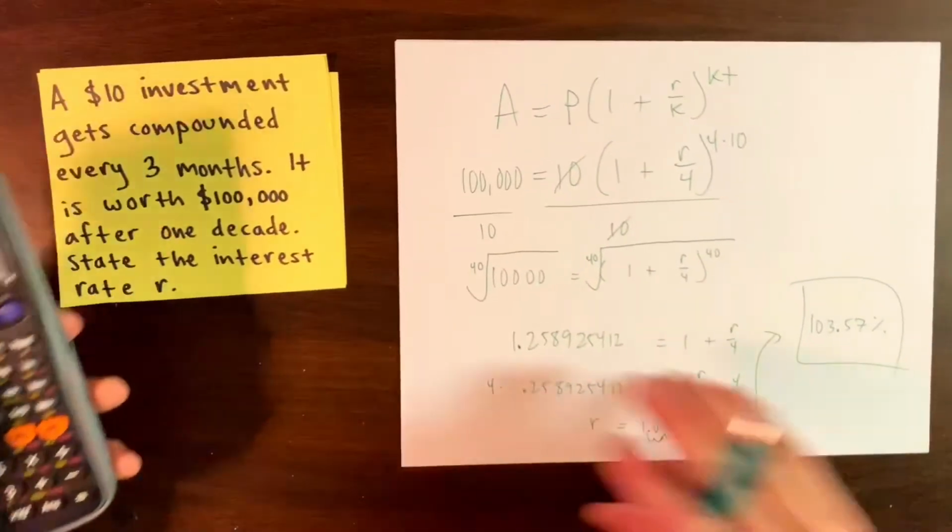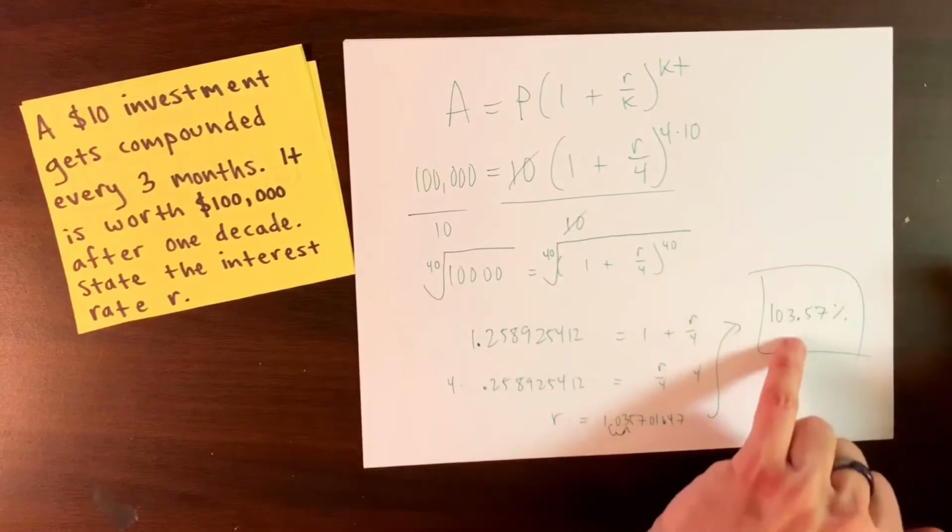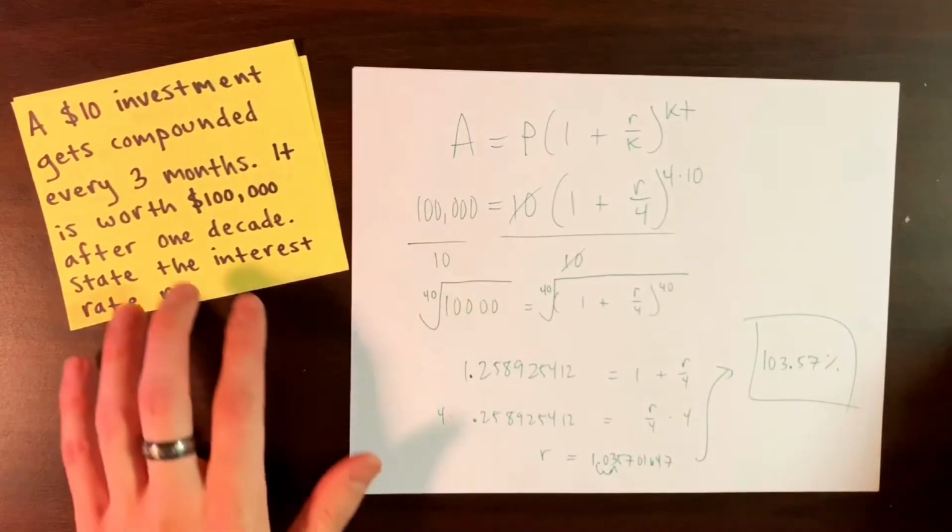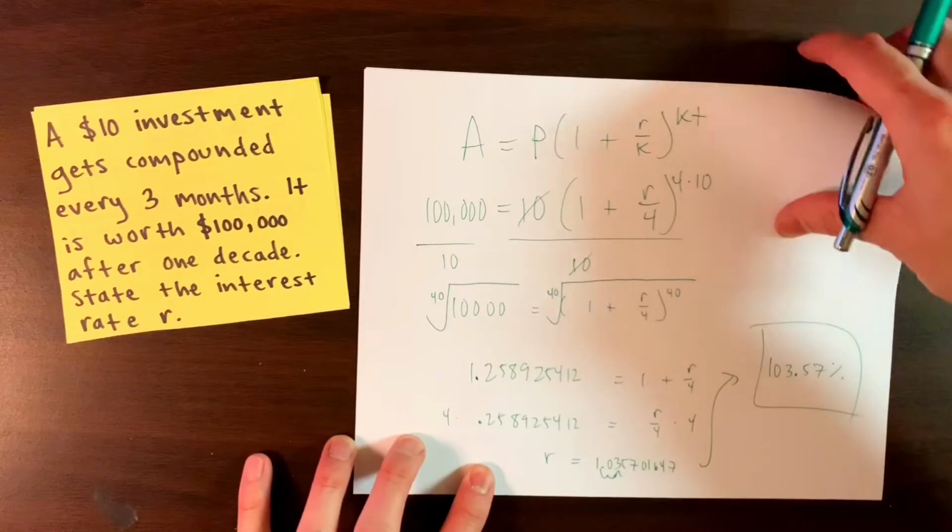For this problem, the interest rate was 103.57%, so it grows rather quickly.